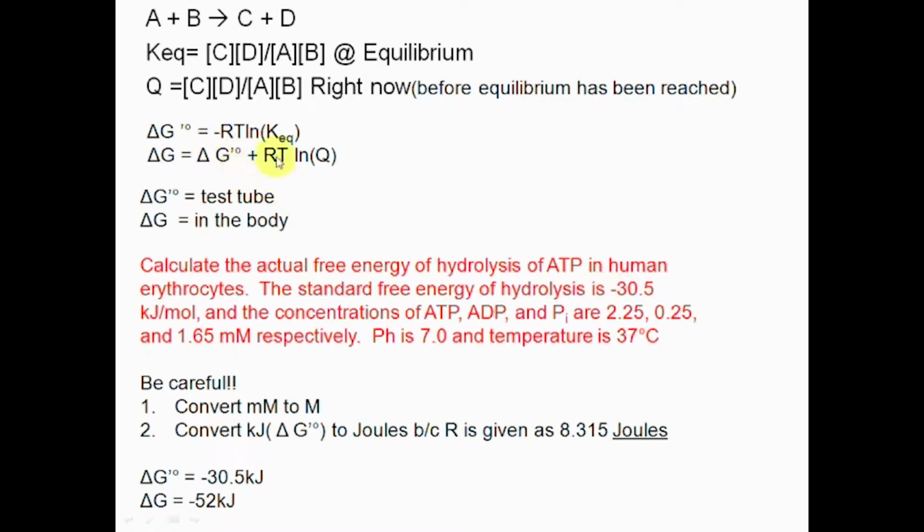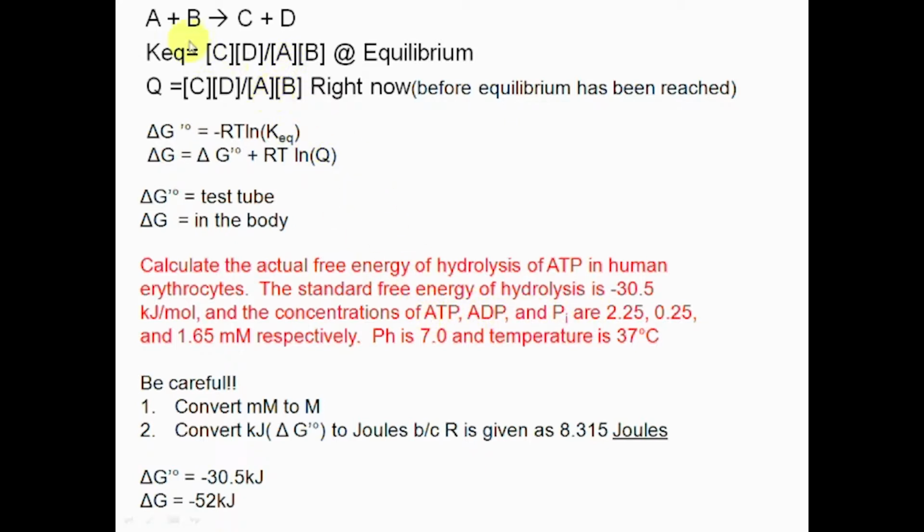Plug that in there. You put in 8.315 joules. For the temperature, we'd take 37 plus 273, because to find Kelvin you always add 273. And then you take ln of Q, and we would just write out a reaction right here.